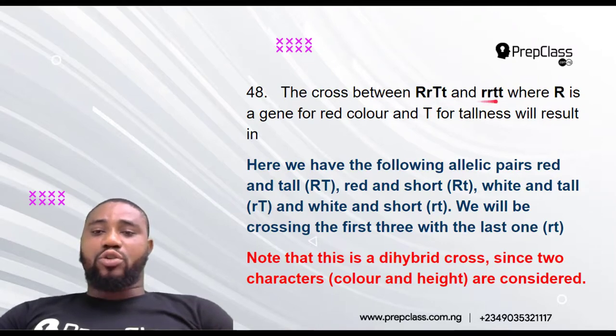So they are telling us to find a cross between red and tall, but having the gene for shortness and white in it, with white and short. Okay, here we have the following allelic pairs: red and tall.